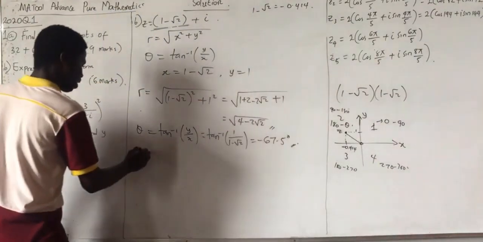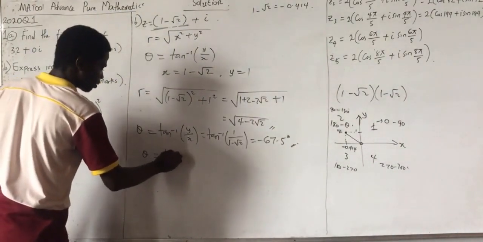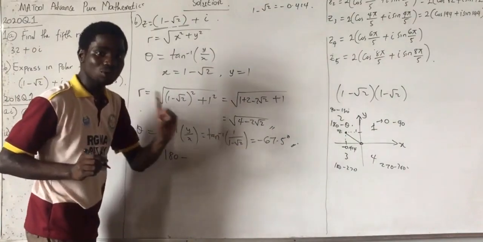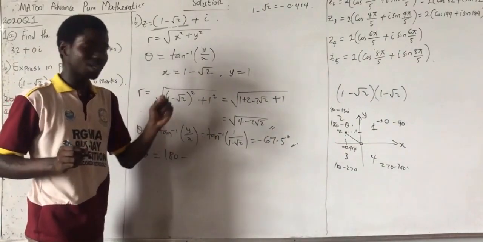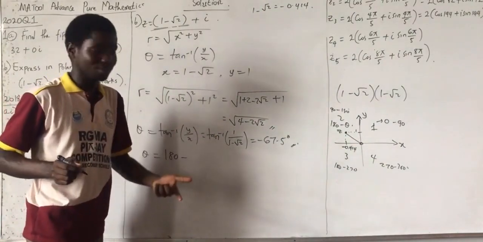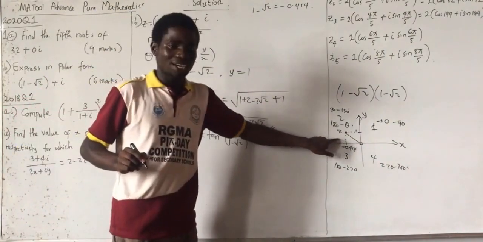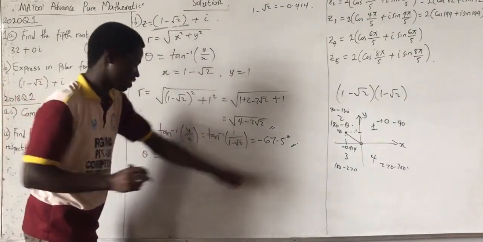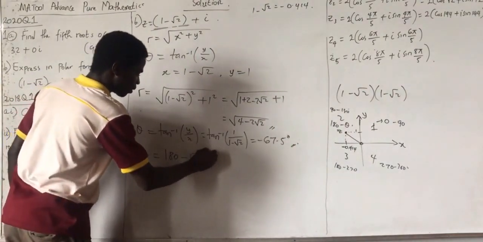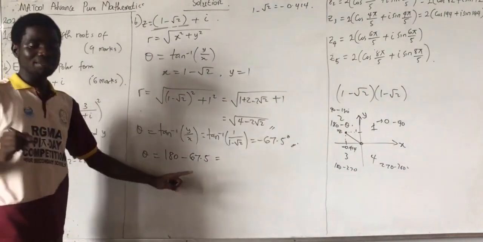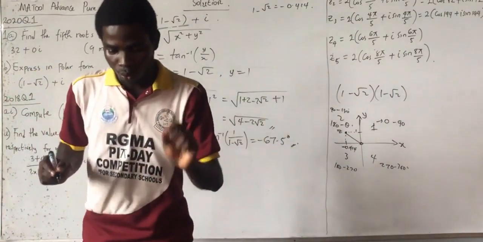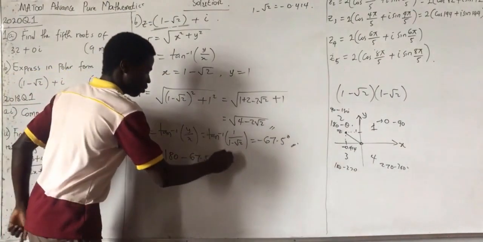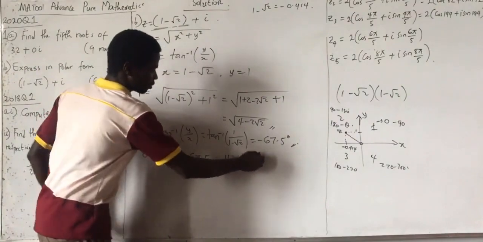Don't add it, because you would get a value greater than 180. So you do 180 minus 67.5, which gives 112.5 degrees. So this is the answer.